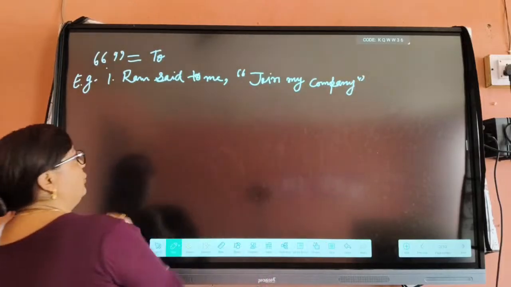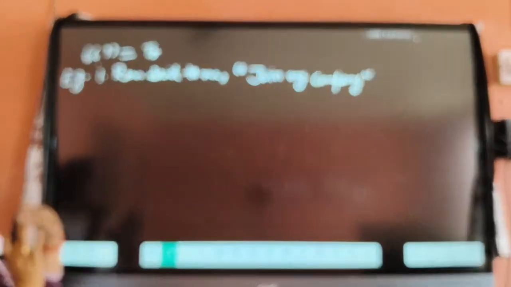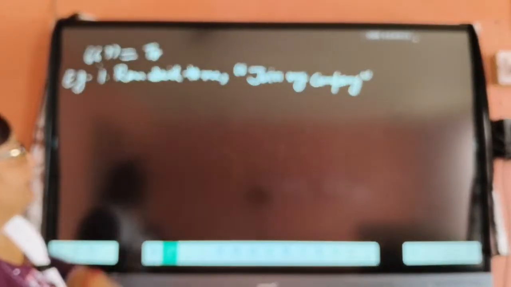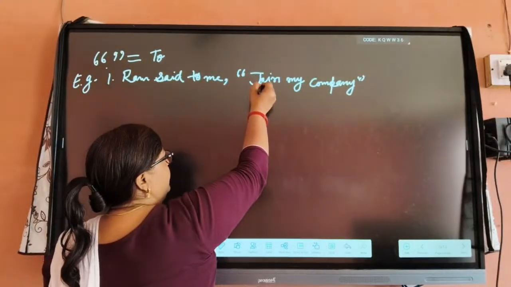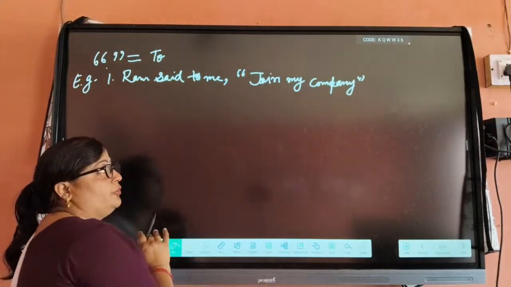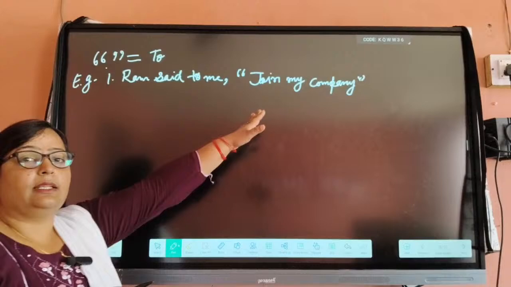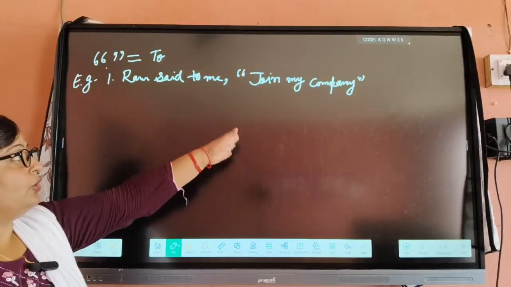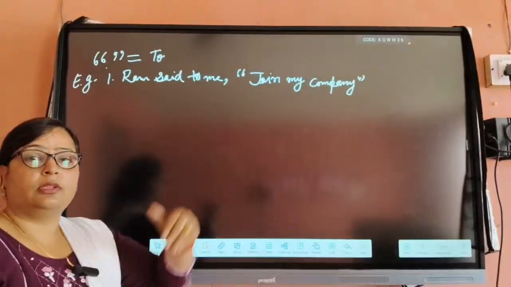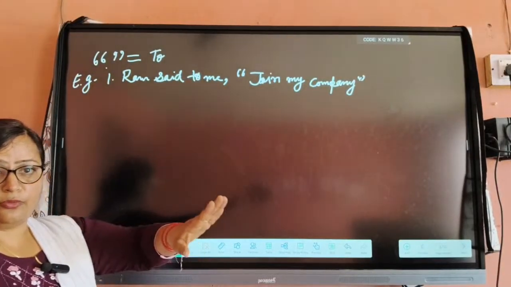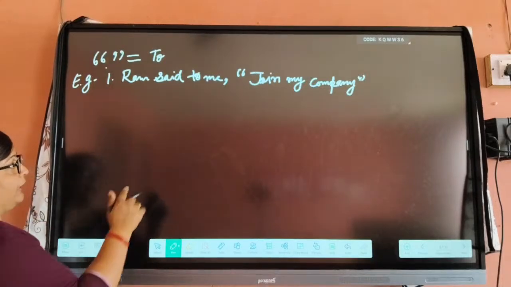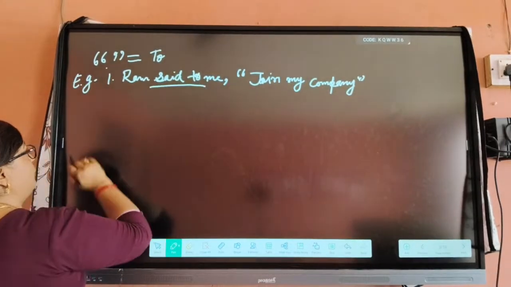Now first, what should we do? We will see the sense. Now Ram is saying to someone, join my company. In this sentence, there is no sense of request, no sense of order, and no sense of advice. That's why we have to change this said to into asked.